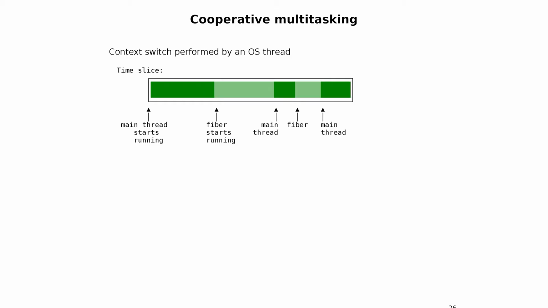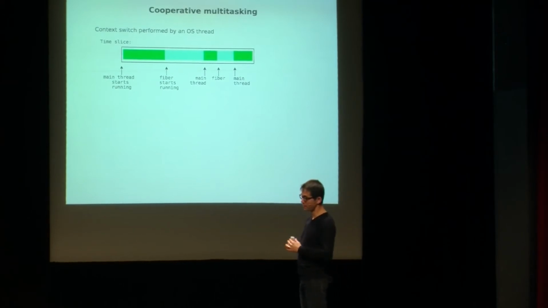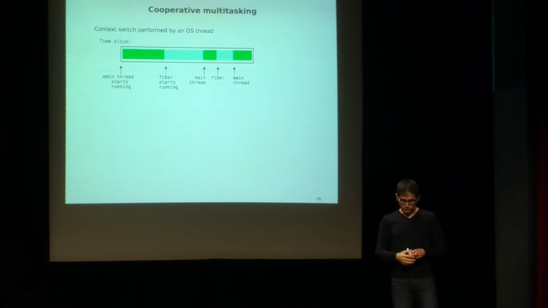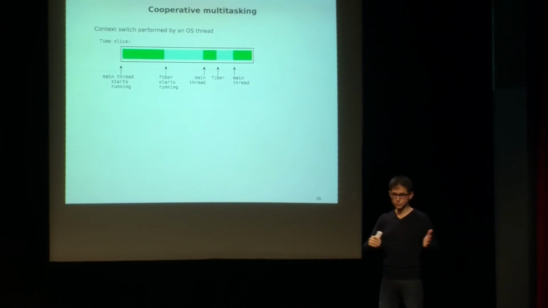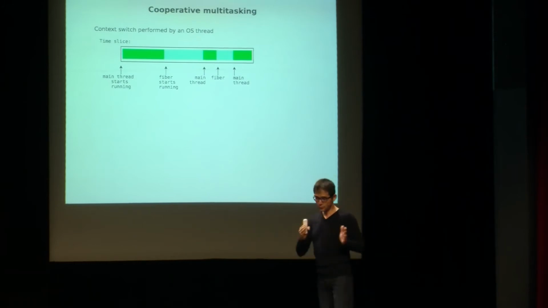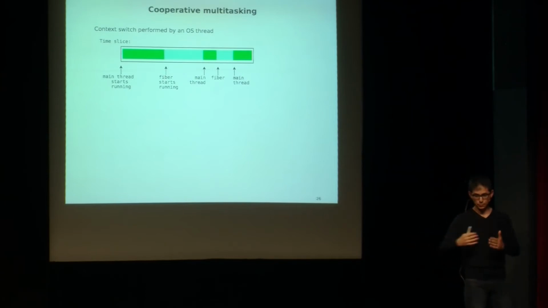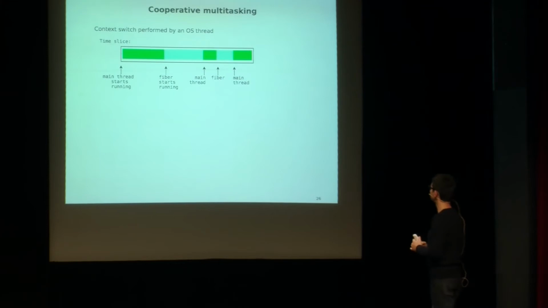So, enter cooperative multitasking. Remember the time slice where we executed only one portion of it and then we gave up our time? What fibers allow us to do is, instead of giving our time back to the operating system to be used by another thread, we ourselves go to another execution context that we may manage, which is a fiber, and we start executing that fiber.